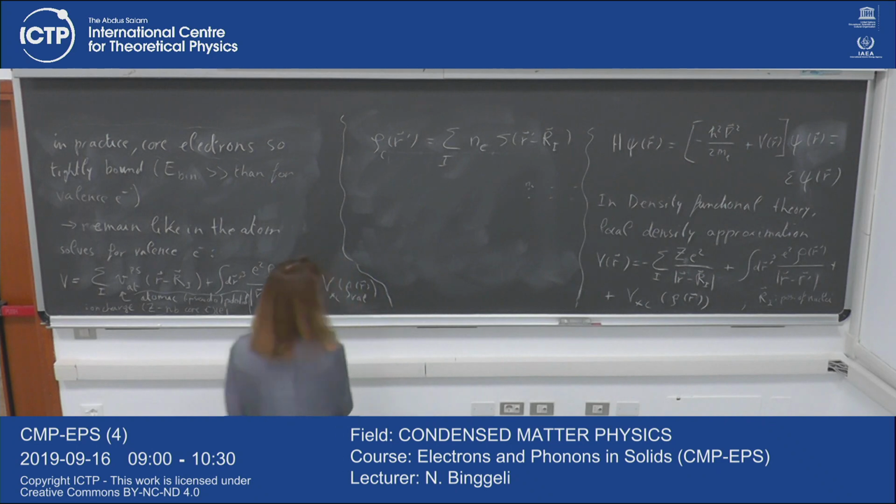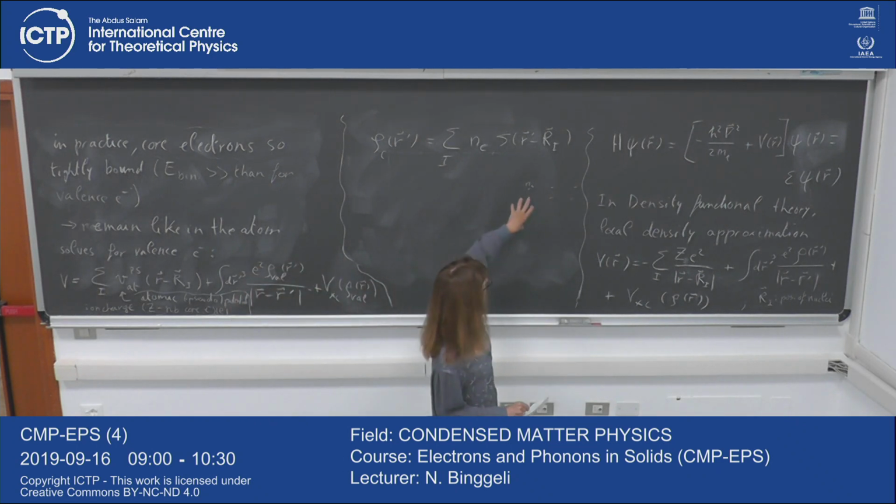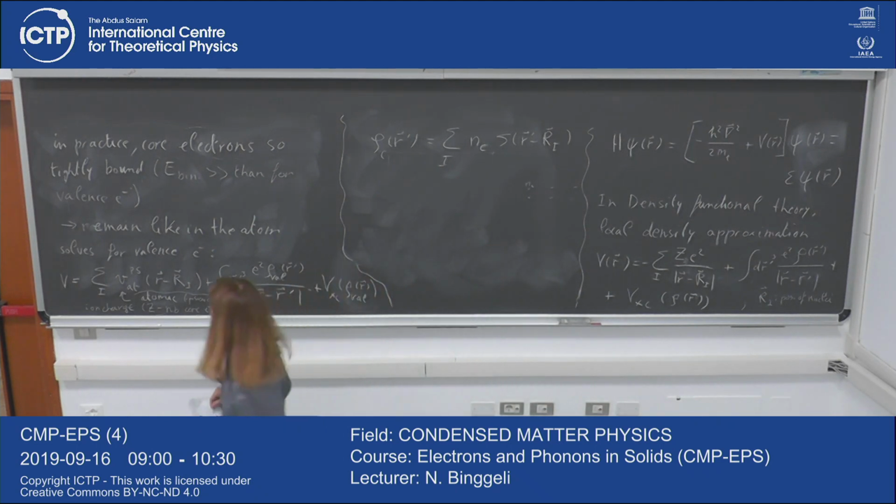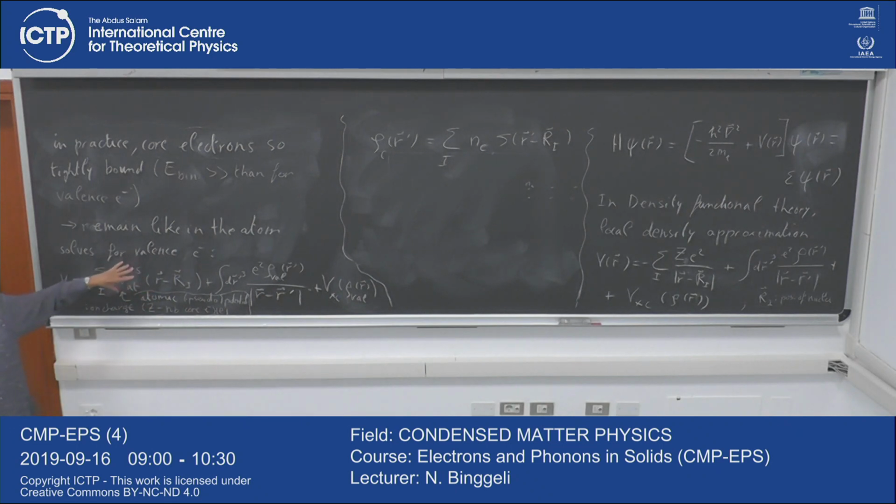So basically in the limit where my electrons are so localized that their charge density can be approximated by a delta function, this potential is just the Coulomb potential corresponding to a charge that is the atomic number minus the number of core electrons, times the electronic charge. So in the limit of tightly bound core electrons, this is just the rescaled Coulomb potential that corresponds to the ion.